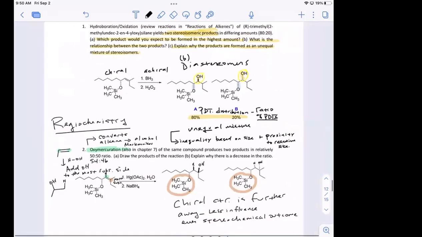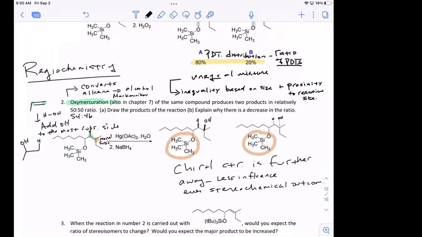That's the point. The two things that control the product distribution are size and proximity. In this case, we had the same exact starting material and the same exact chiral center, so the size didn't change, but the proximity changed.